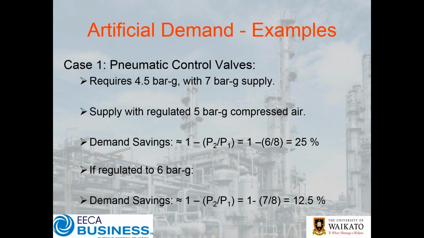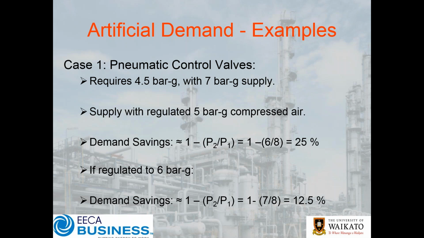So if we need 4.5 bar and we supply it with 7, well, we can probably get away with a 5 bar gauge supply. Half a bar headroom is probably fairly comfortable. So what would be the equivalent savings? Now remember, we have to add 1 to both pressures.